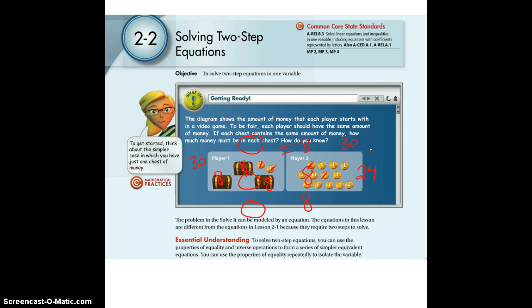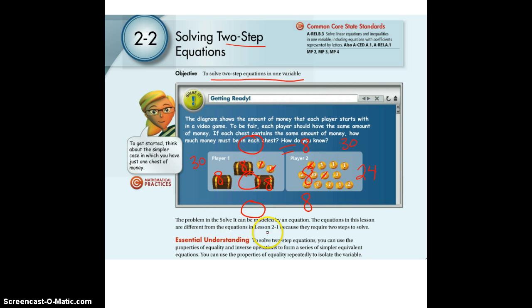All right, so now what I'm trying to get across here is the fact that we're going to have to do the addition, subtraction, but we're also going to have to do multiplication or division. And that's why they call these two-step equations, because we're going to end up doing both steps in one single problem. So the objective here is to solve two-step equations when we have one variable, x or y.